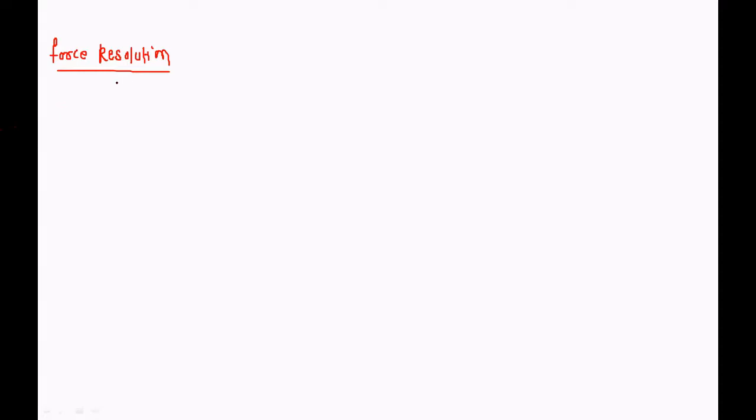So for the force resolution, we consider a coordinate system. So this coordinate system we take as a rectangular coordinate system.